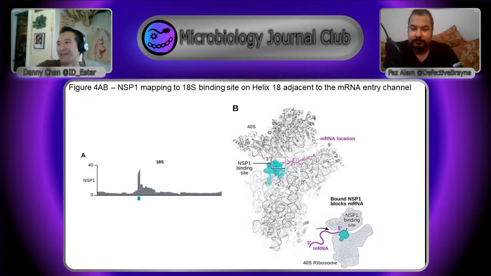18S, they map it onto the big structure, and you can see it's in a very important location. 18S sits right where the mRNA goes into the ribosome. Maybe if people aren't super familiar, we can use some analogies. The ribosome reads the message from the RNA. Maybe that's not even an analogy, that's what happens.